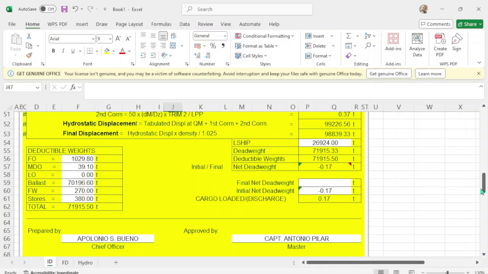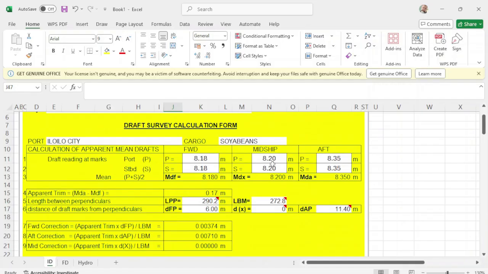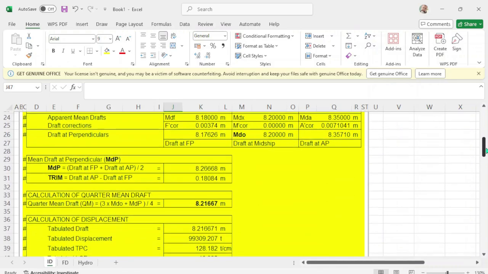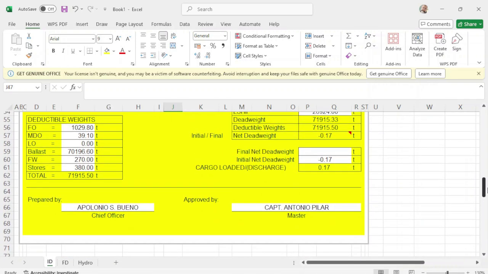Cargo will be 0 because you are discharging in port. This will be your arrival draft, and after completion of arrival draft survey, this will be your cargo of negative 1.5.